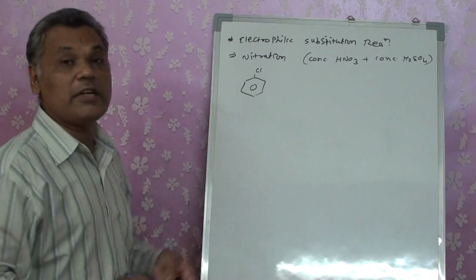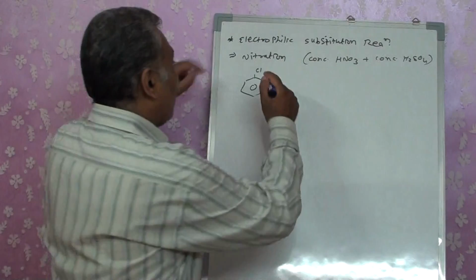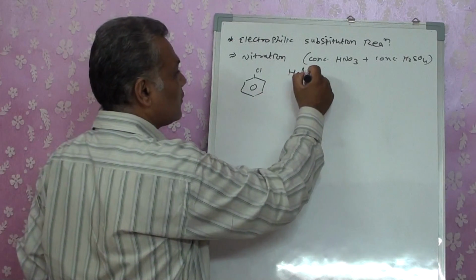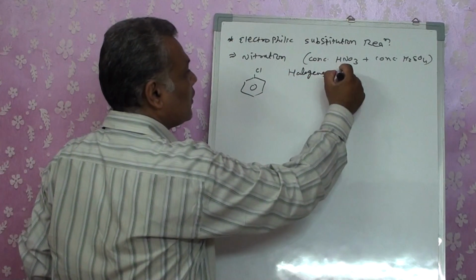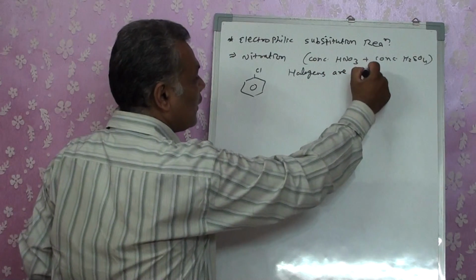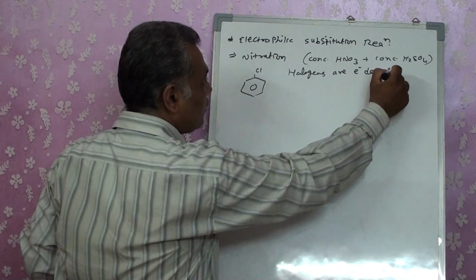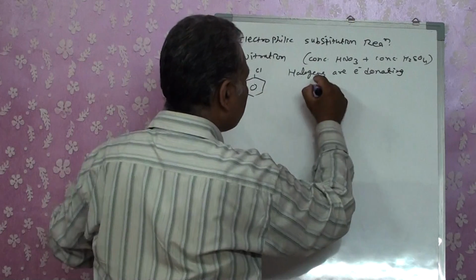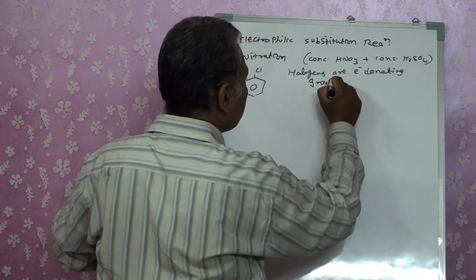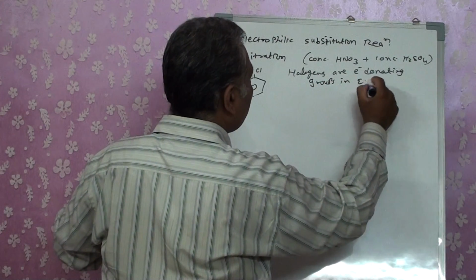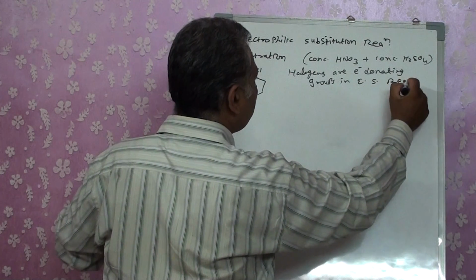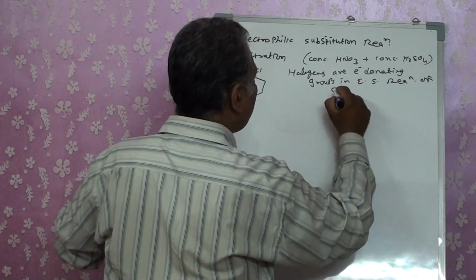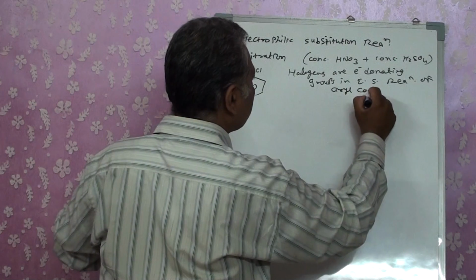Any halogen is an electron donating group. Halogens are electron donating groups in the electrophilic substitution reaction of aryl compounds.